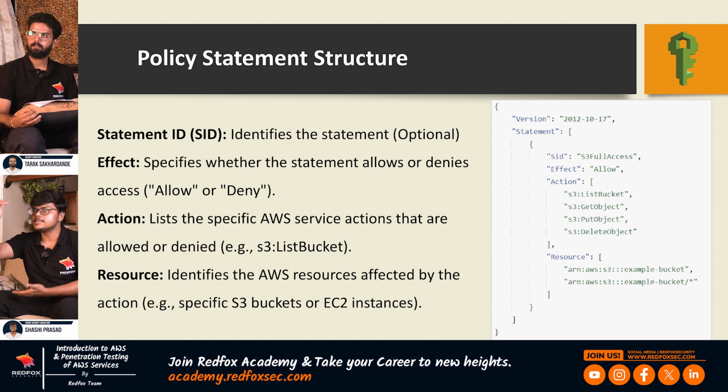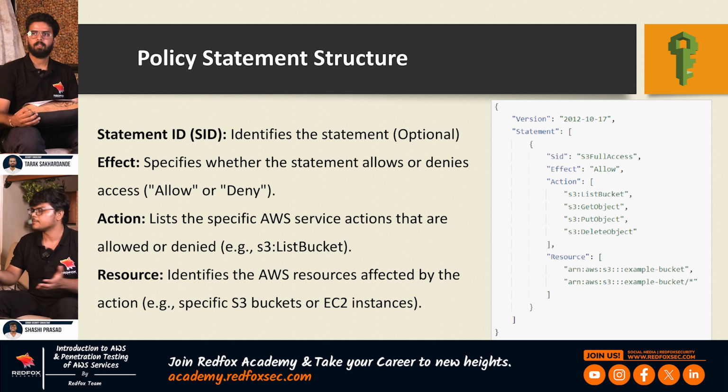So if we attach this permission policy to the identity, they can perform these actions like list bucket, get object, put object, delete object, basically full control on this resource, which is example bucket or example bucket slash star. That means all the objects present in the example bucket.